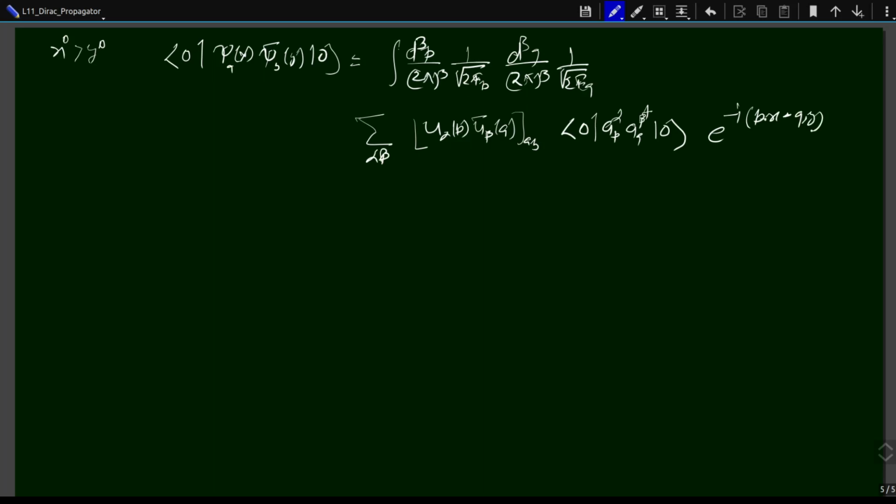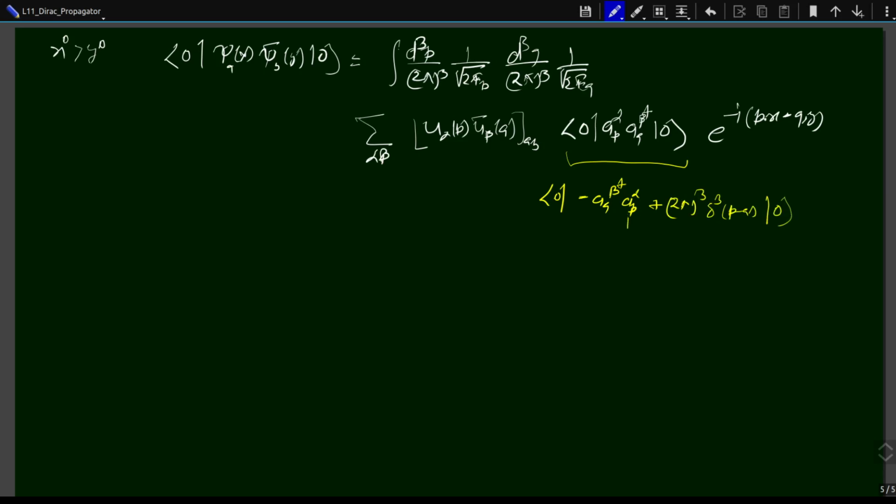Okay, now what is this quantity? I don't know how to write this directly because the state created by a dagger q, I haven't studied it, but I know the commutator, or the anti-commutator in this case. So I can write this as <0| minus a_q^beta dagger a_p^alpha plus (2 pi)^3 delta^3(p minus q).